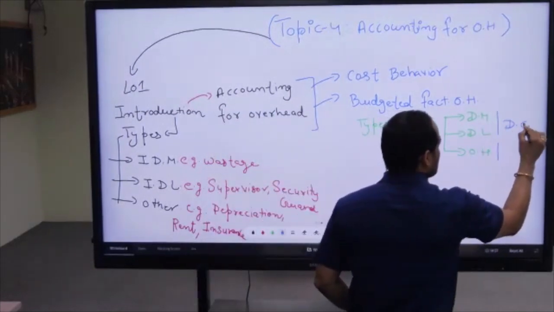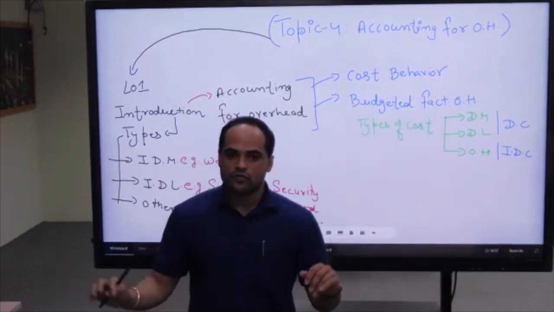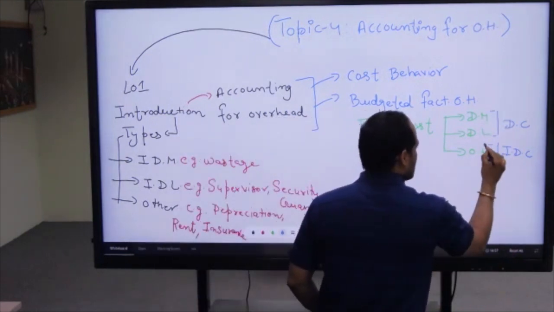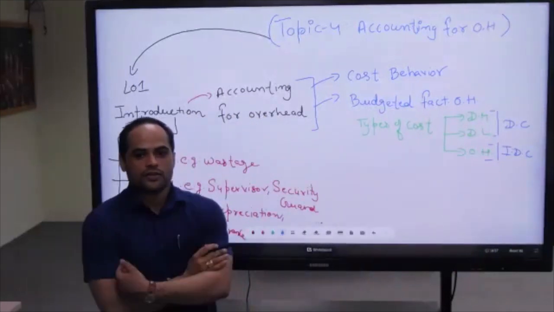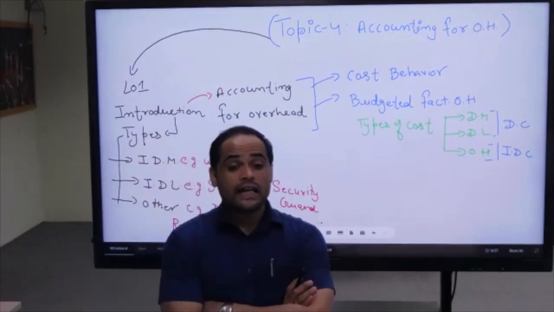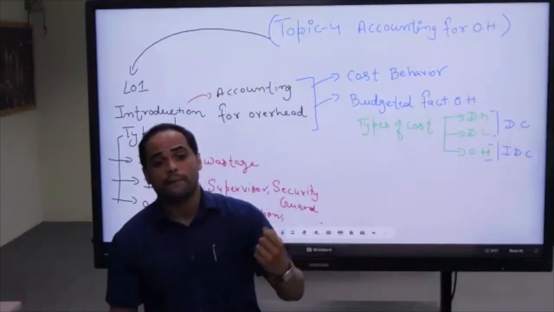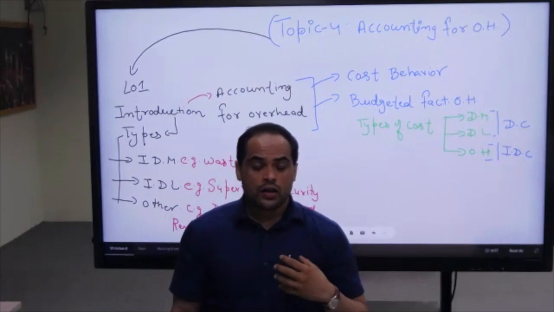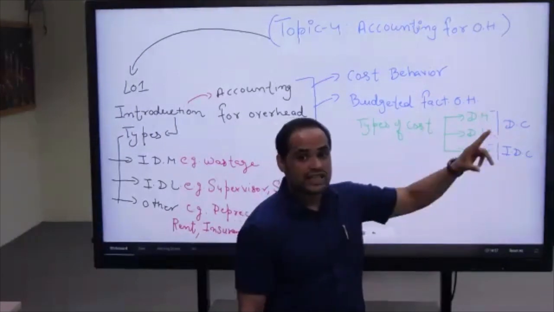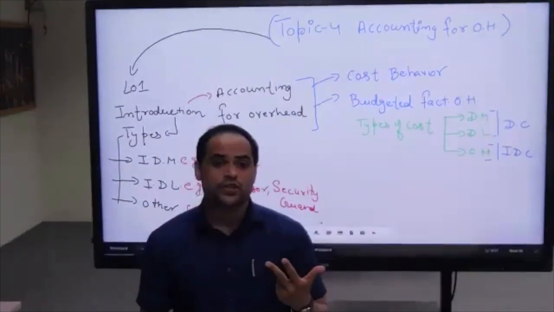direct cost and indirect cost. I'm talking about manufacturing, right? These are your direct costs, and this is your indirect cost, right? And you know that compared to indirect cost, direct cost is easy to identify, easy to trace, or easy to track.